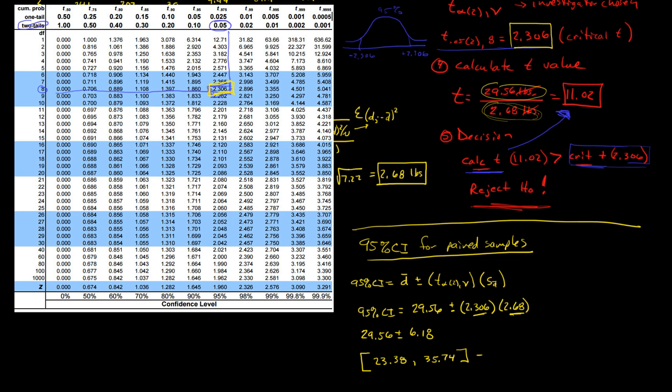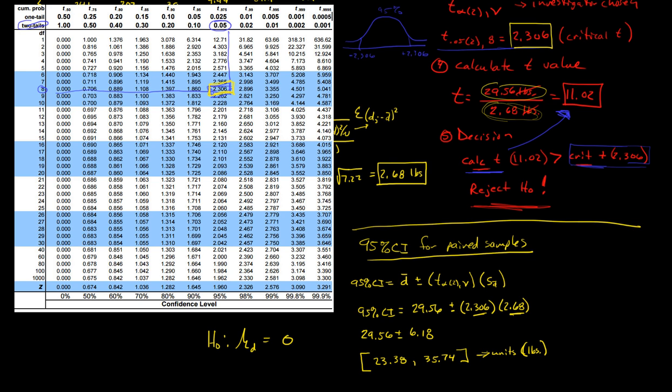It's important to note here that there are still units attached to this, and the units are in pounds. Remember, when we're testing the null, the null hypothesis here was that mu, the population mean of the difference scores, is equal to 0.